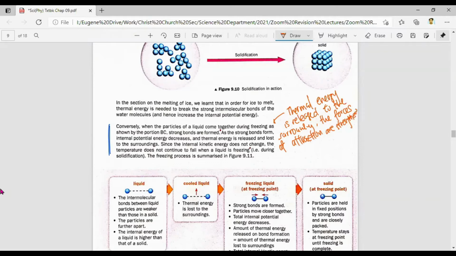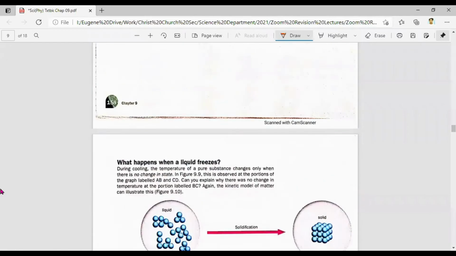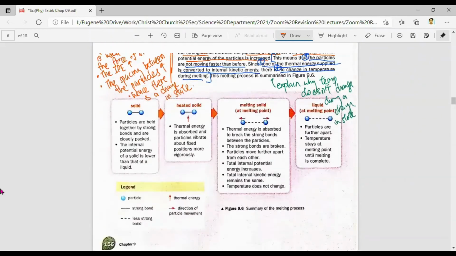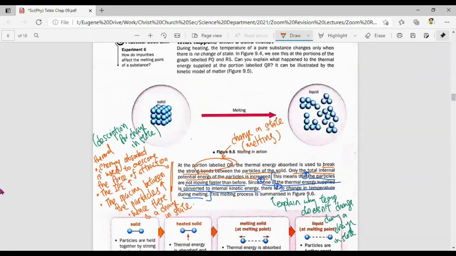So when you release the thermal energy to the surroundings, the force of attraction becomes strengthened. I want you to see that it's really a comparison. One is overcome force of attraction, the other one is because I release, the force of attraction is strengthened.